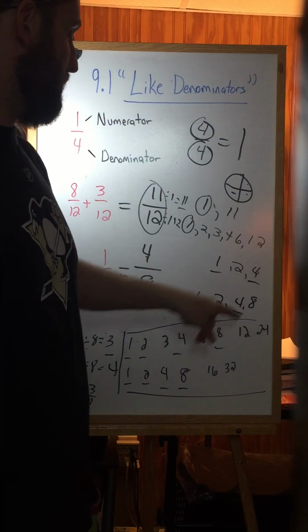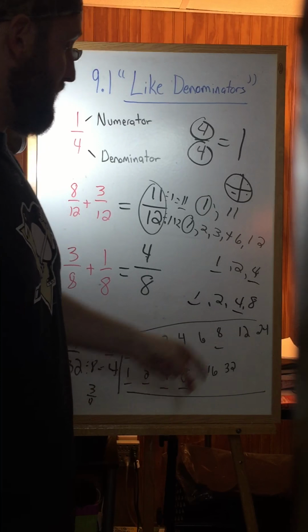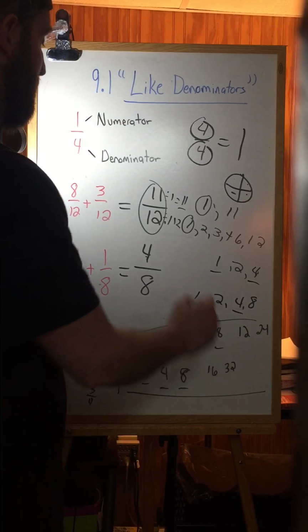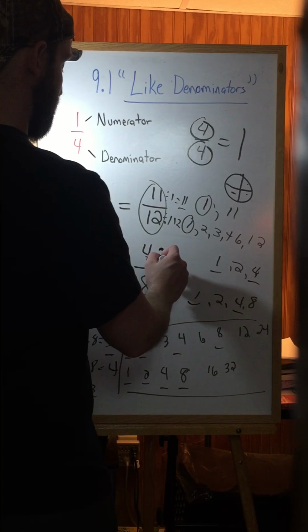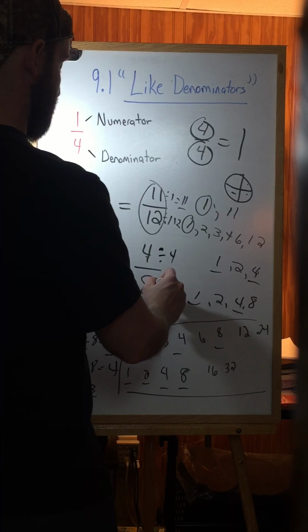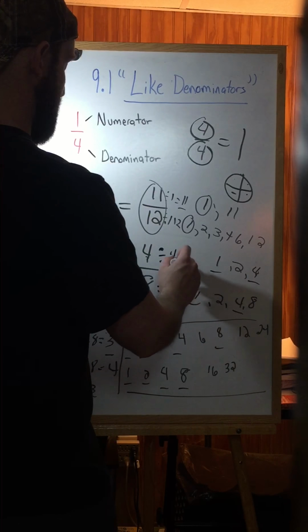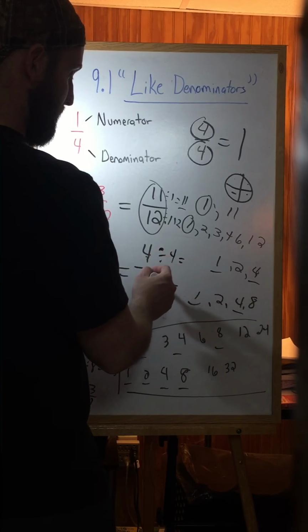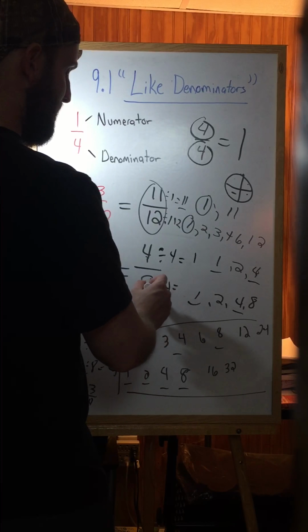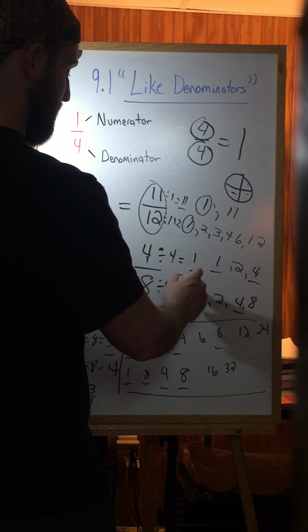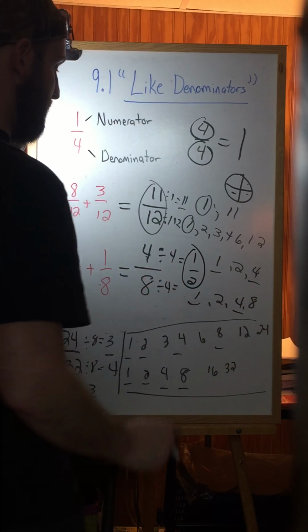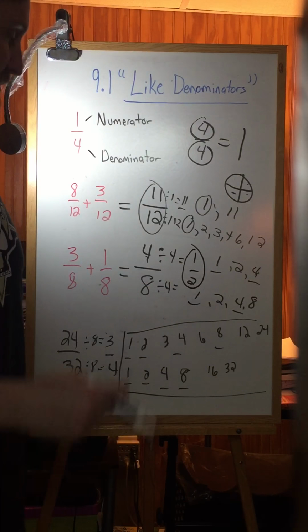It's 1, 2 and 4. Now you take the greatest common factor, which is 4, and you divide by 4. And thus we get our answer. 4 divided by 4 is 1. 8 divided by 4 is 2. So 4 eighths in simplest form is 1/2.